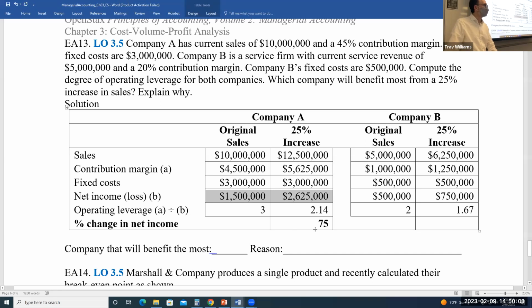But another way I could figure that out, well, can you tell me? What would be another way to figure that out? We had a 25% increase in sales, an operating leverage of 3.